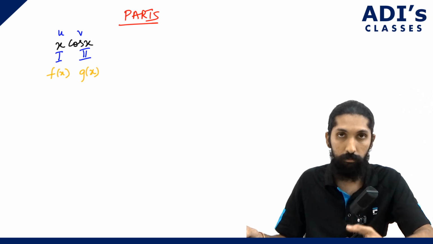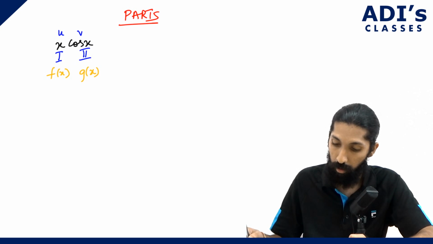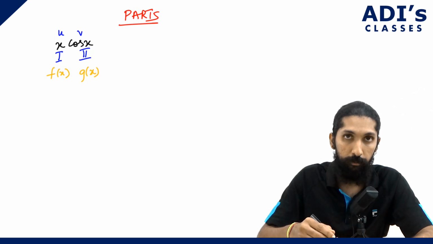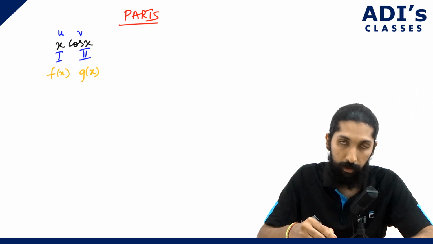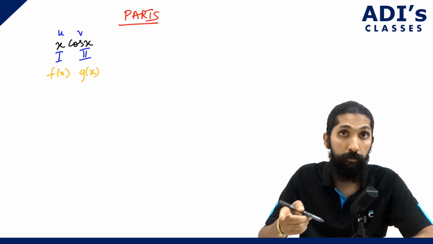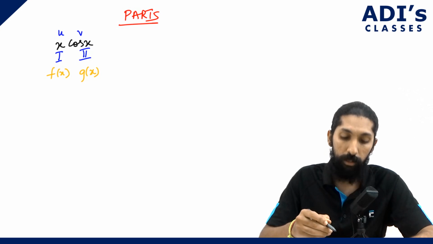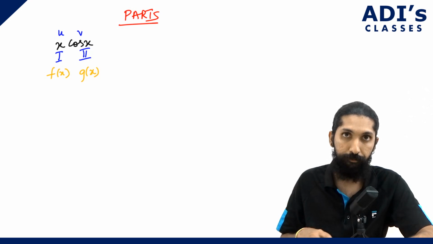You can name it however you want, whichever way you feel comfortable. Now, suppose the two functions are u and v. The reason I'm taking u and v is because even for the derivative, we took it the same way, correct? uv, then we did u dash v plus u into v dash. So because of that, I'm taking u into v itself. Later on we can change it.